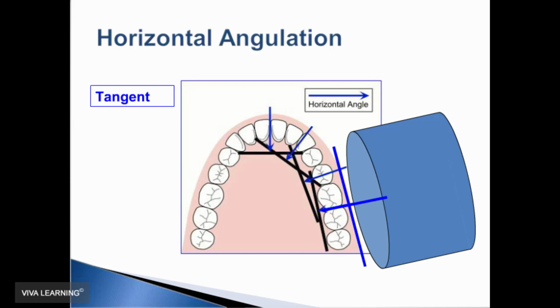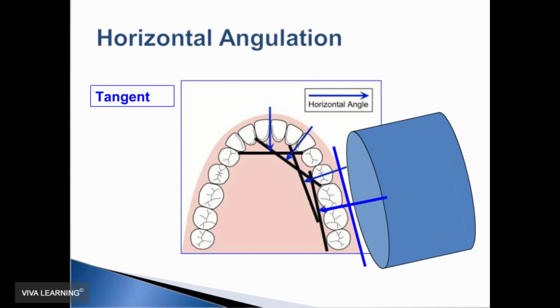So when you're taking bite wings or periapicals, just have the patient smile and make sure the external ring or their PID is parallel to the planes of the teeth. If you have a hard time visualizing that, you can just place your finger against the buccal surfaces and that will show you the horizontal planes of the teeth.